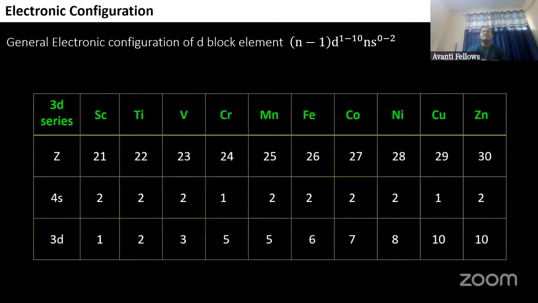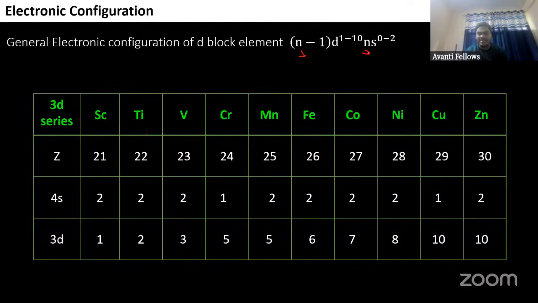Now, if we consider the general electronic configuration of D block elements, what is the electronic configuration? The general electronic configuration is (n-1)d1 to 10 ns0 to 2. For example, in case of 3D series, what is n here, beta?